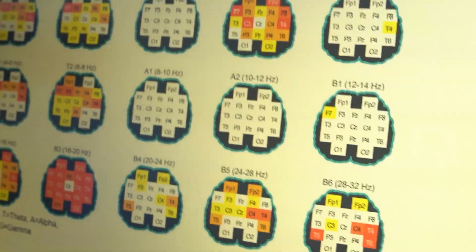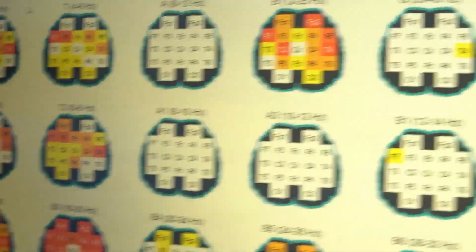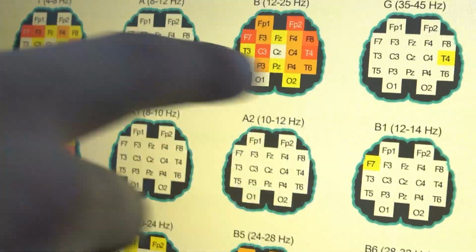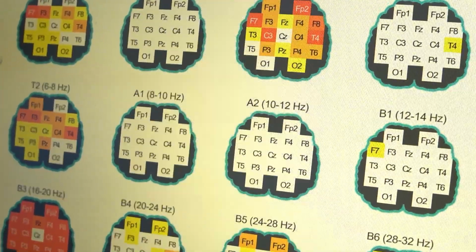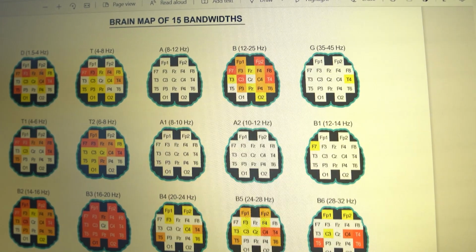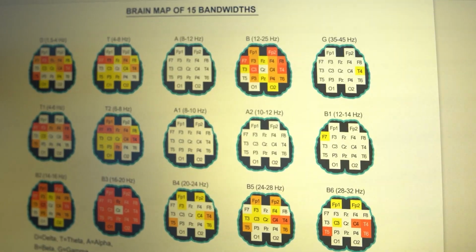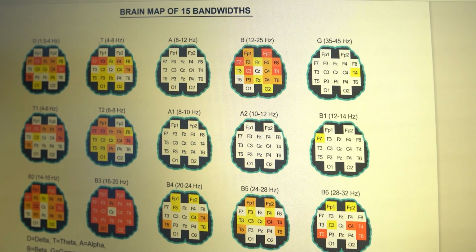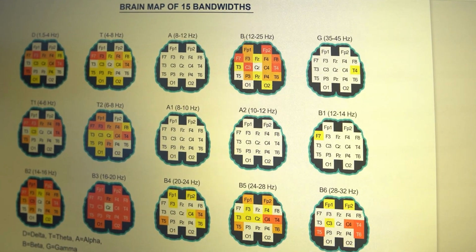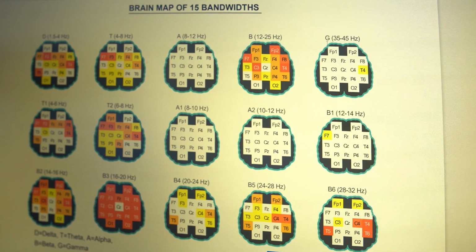Alrighty. So I'm going to pull up this camera to just show you guys what it looks like on Toby's end and the data that we're analyzing. So that's my brain, this is your brain. This top row, I'll have people tune into the top row for now. So this is D for delta, T for theta, A for alpha, B for beta, G for gamma.